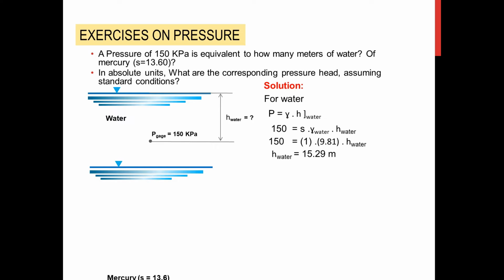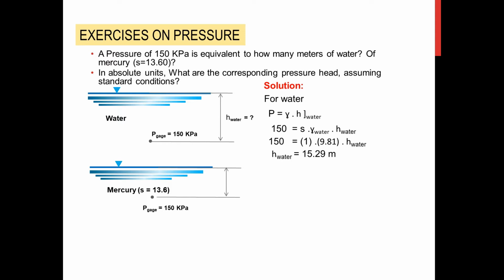Knowing that, we can have the mercury liquid surface. This mercury has S of 13.6. Of course, the head will now be different from that of water, but we have an equivalent gauge pressure, and that is what we need to satisfy.